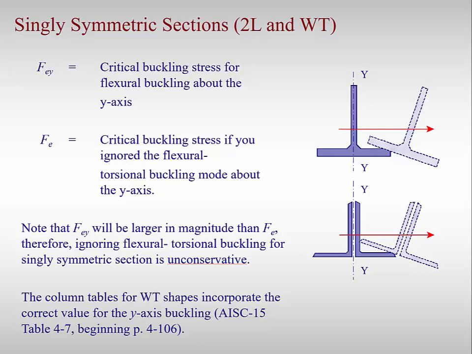Buckling capacities are therefore provided for both axes in these tables. Buckling about the y-axis is calculated based on flexural torsional buckling, while buckling about the x-axis is pure flexural buckling.